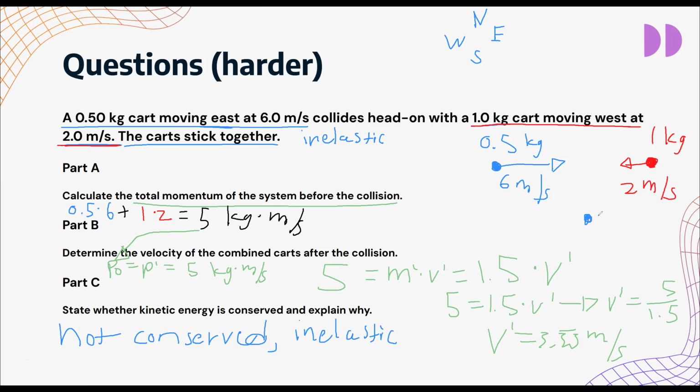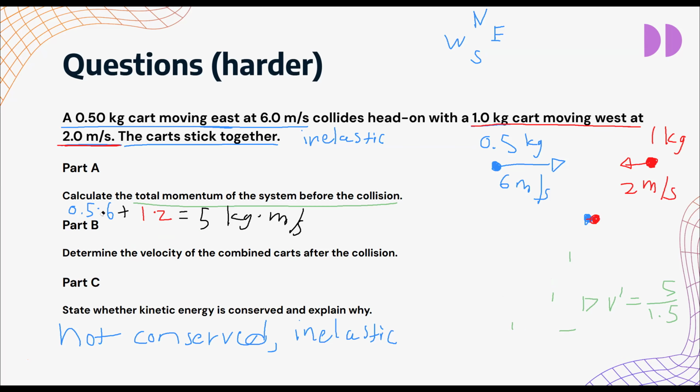After the collision, the blue ball and the red ball are now sticking together. Oh wait, no, I did this wrong. These two are going in different directions, so there's actually a negative velocity. Wait, let me just redo this. Okay, I'm sorry. These two are actually going in different directions.